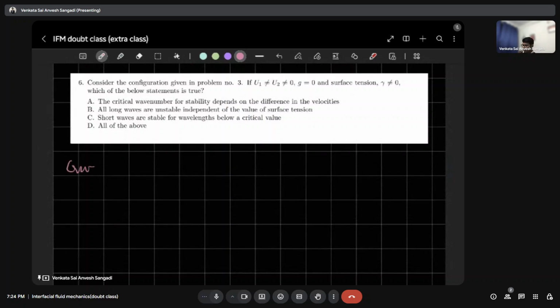So it is given u1 is not equal to u2, neither is 0, and g is equal to 0. This implies rho 1, rho 2, and gamma are not equal to 0.